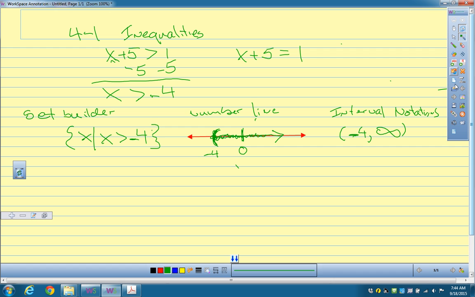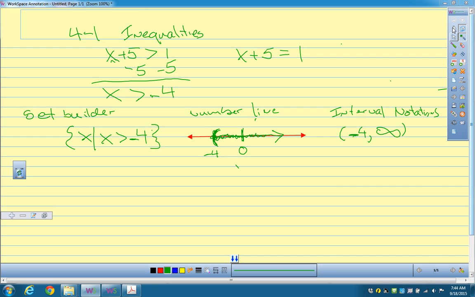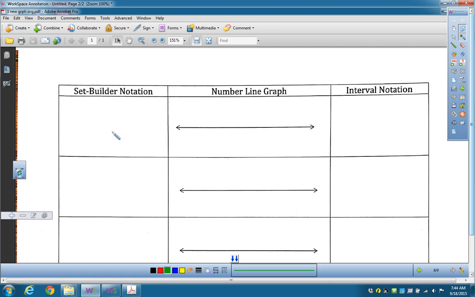So if we have set builder, x such that x is greater than, what did we say the answer was? -4.